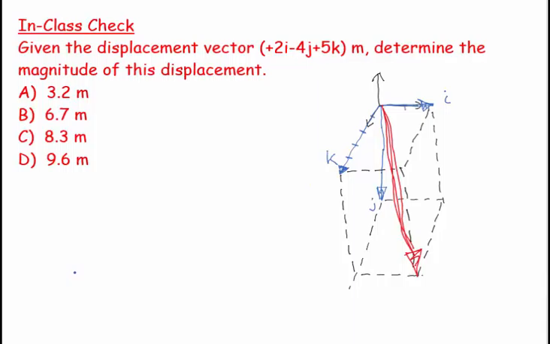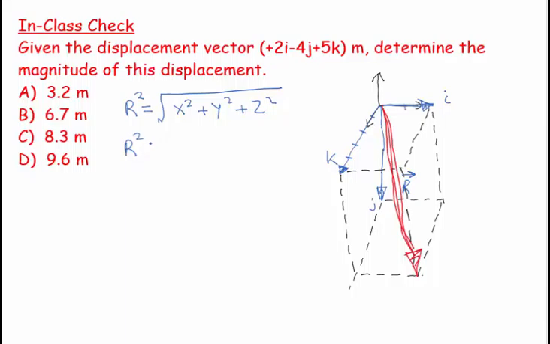How do we find the numerical value of this? Well, we actually use, if you like, Pythagoras in 3 dimensions. Let's call this vector R, as usual, our resultant of these things. We're used to this in 2 dimensions, but it also works in 3 dimensions.